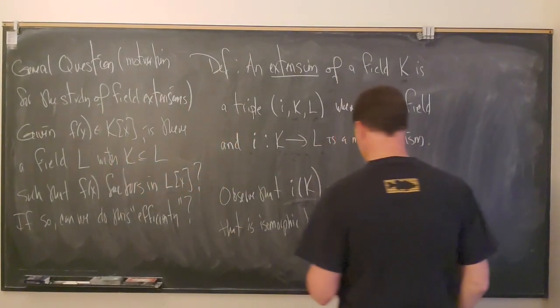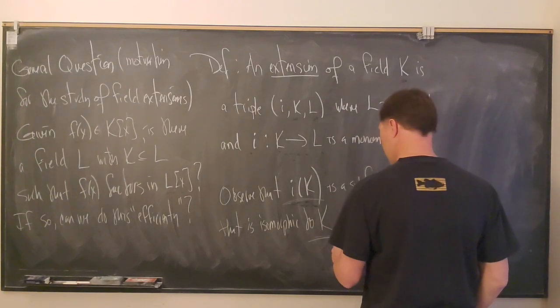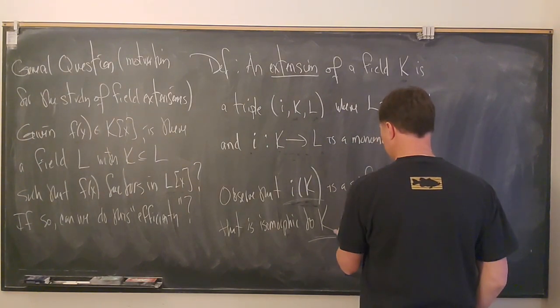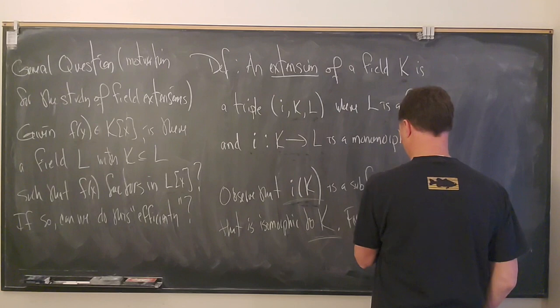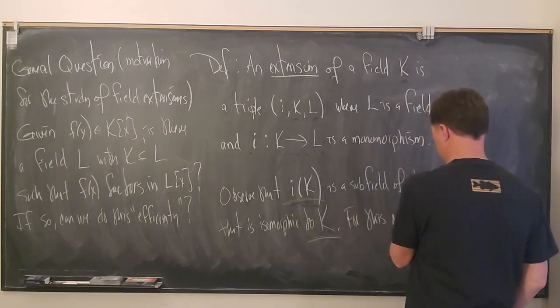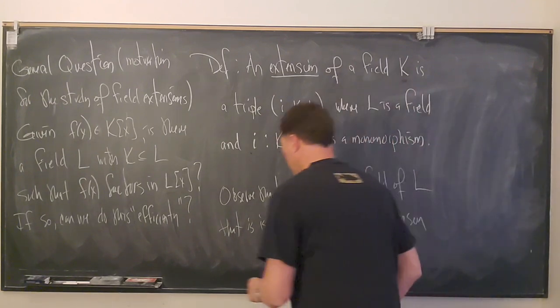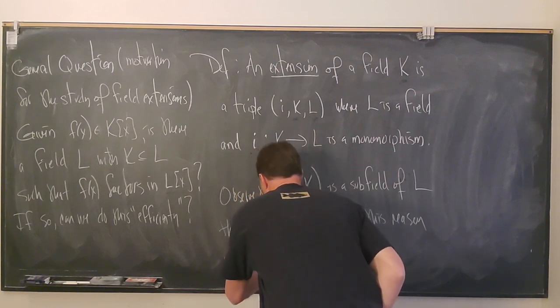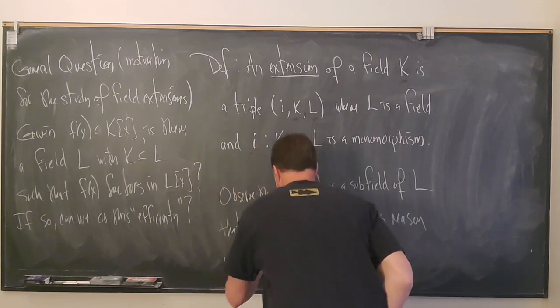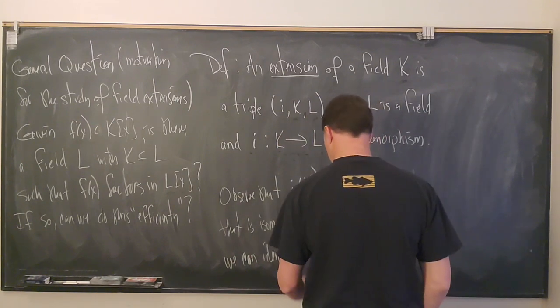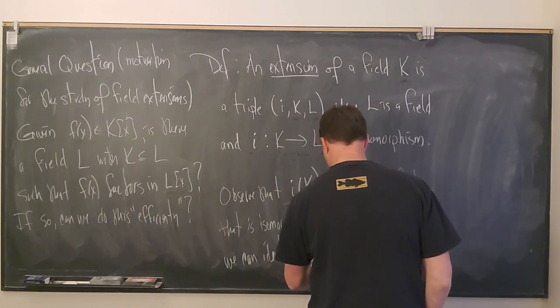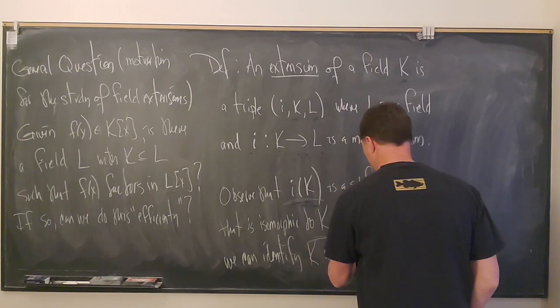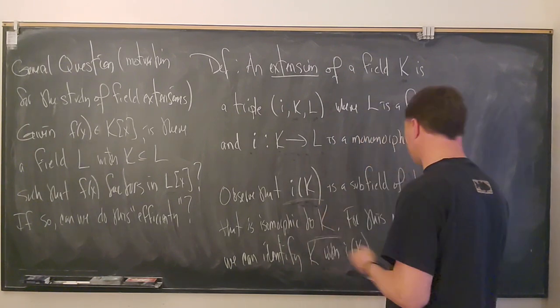So observe that we got a subfield that's isomorphic to K. For this reason, we can identify K with I of K. Algebraically, they're indistinguishable.